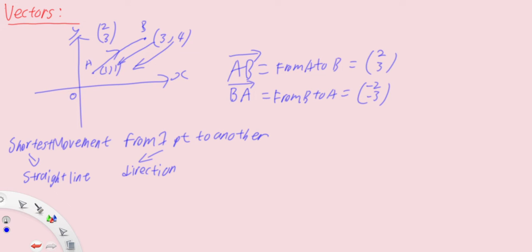Another way to denote vectors is without using the arrows on top. Let's say we use the same points again: A having coordinates (1, 1), and B having coordinates (3, 4), and we have the origin. Another way to represent vectors is what we call position vectors. Basically, the clue is in the name: position.